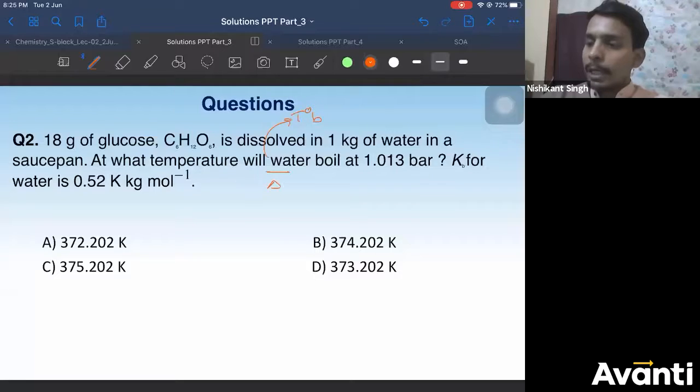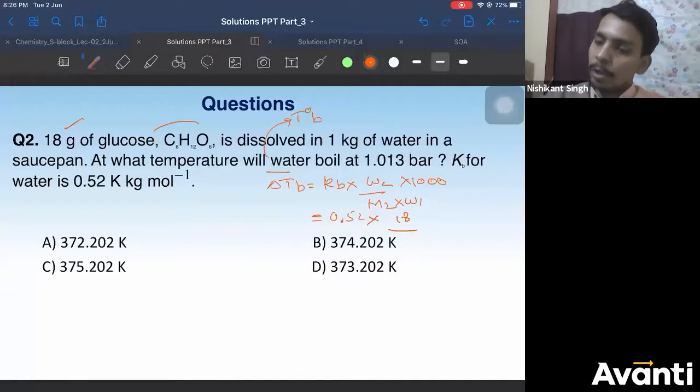So I'll write delta TB is equal to Kb into molality, which is W2 by M2 into W1 into 1000. Now Kb value is given to you, 0.52 for water, into what is your W2? W2 is given as 18 gram glucose.